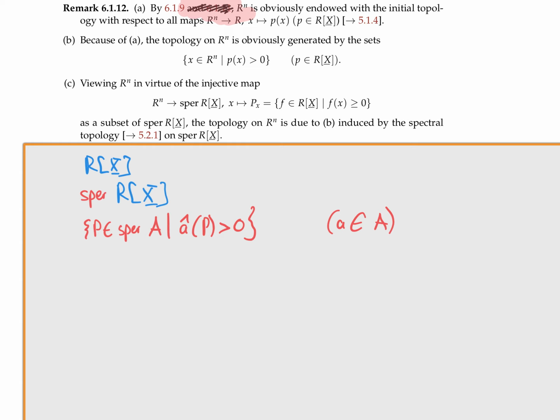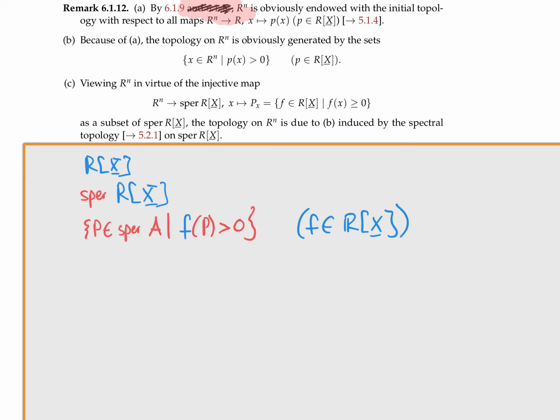Since polynomials are often abbreviated by f, it's perhaps more appropriate to write f of p here, and here I write that f ranges over polynomials. Okay, nothing happened so far.